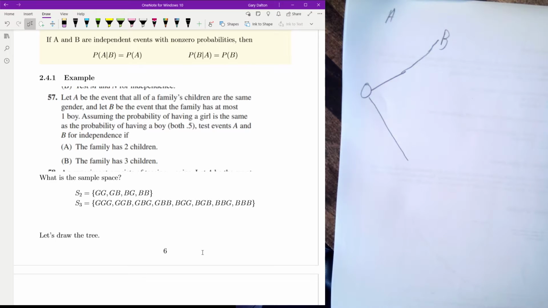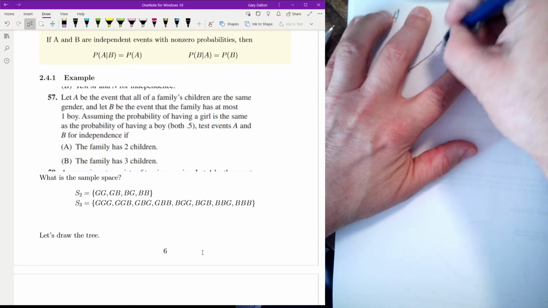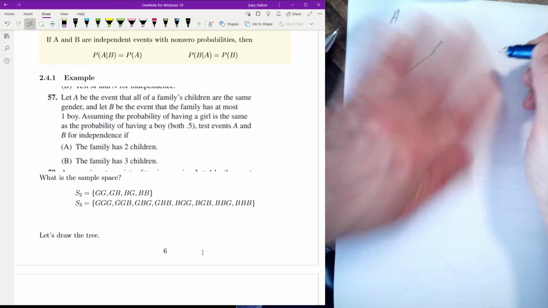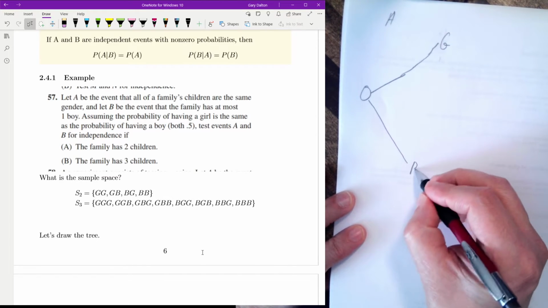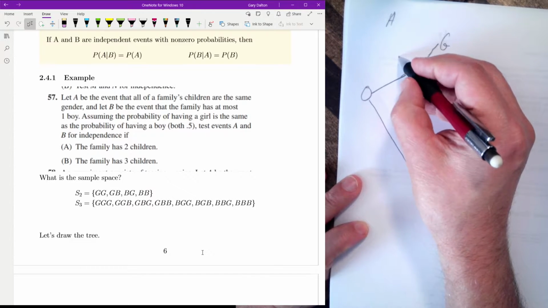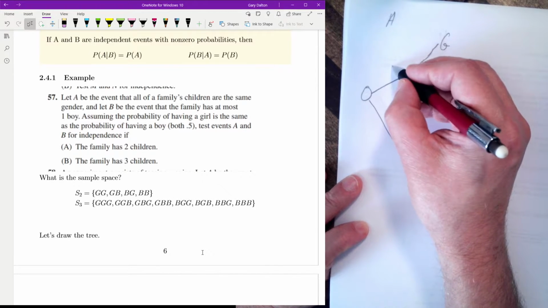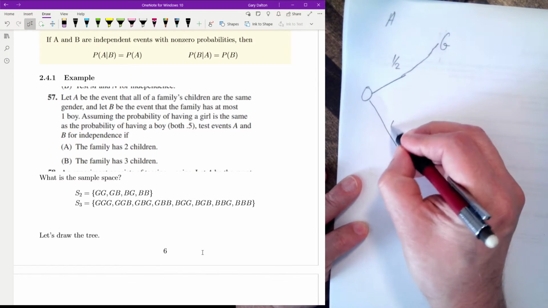I'm going to do it the exact way I have it in my example, which is girl, boy. So let me put a G up above. That way it'll look the same as what I end up with in my notes. So this will be a G, this will be a B. Probabilities are even, 0.5. So I'm going to use 1/2, 1/2.